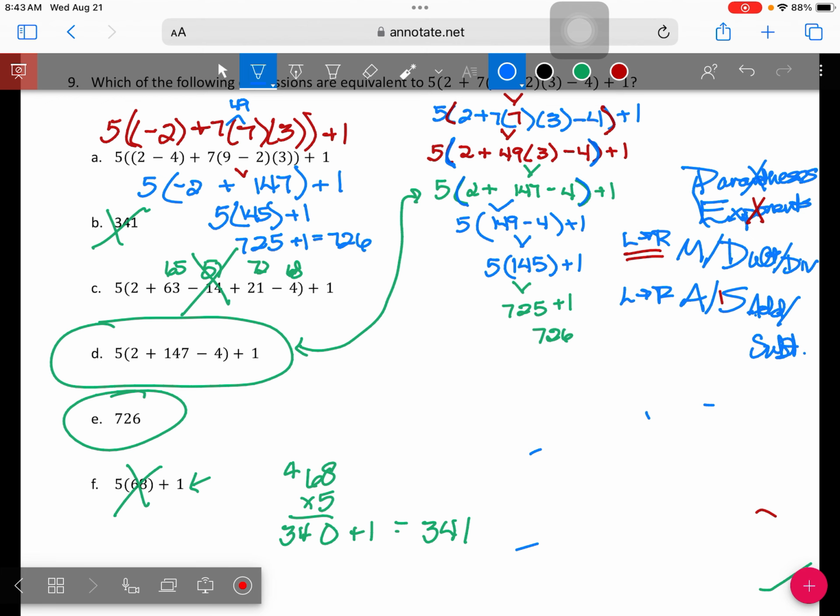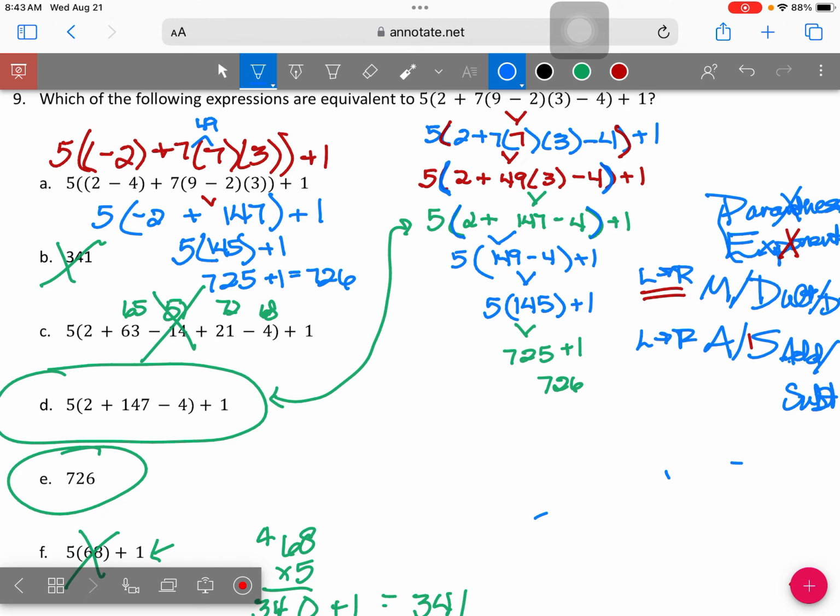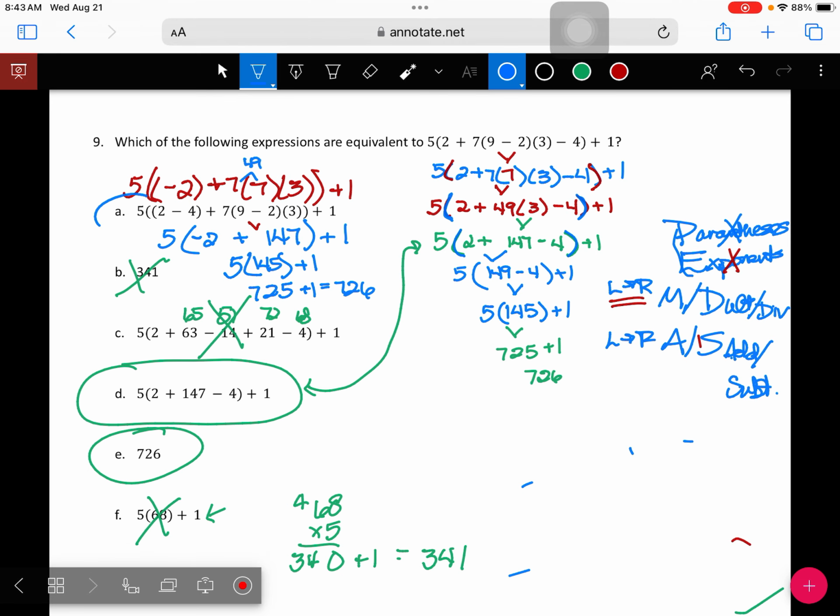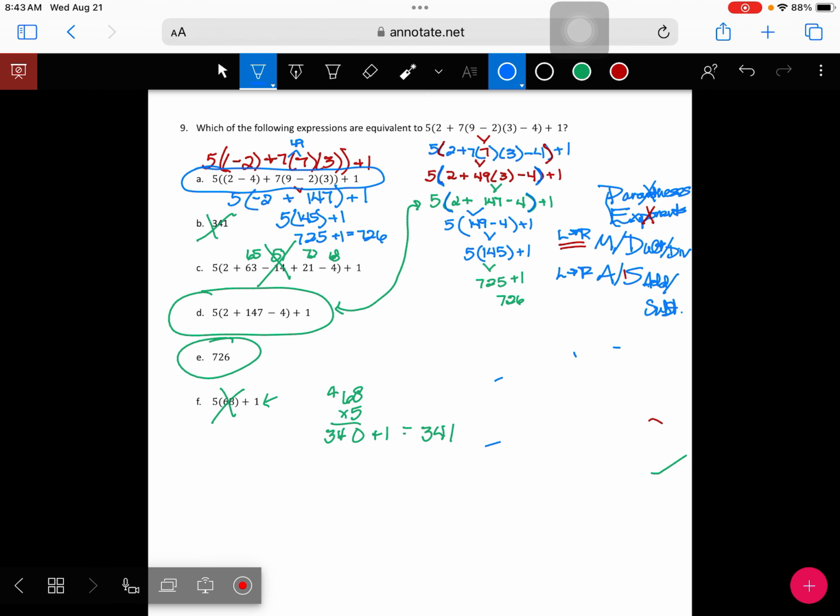That is the same. It is equivalent, is it not? So we have to circle that one also. So you might have to do some work to figure out some of these equivalent expressions. So A, D, and E are all equivalent to the first expression. Another good one. They're all good.